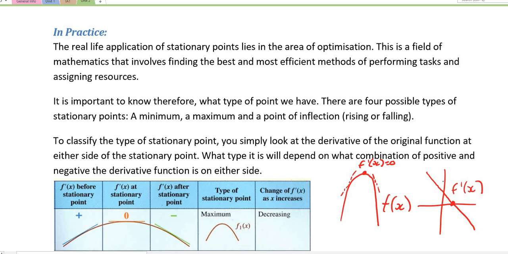The slope is getting lower though, so it's approaching 0, gets to 0, then the slope is negative after that point. So a way we can figure out if it is a maximum is you just check the derivative a little bit to the left of it and a little bit to the right of it. If it's positive before it, negative after it, it's going to be a maximum. Because at a maximum, you're going up to it, and then you're going down after it.